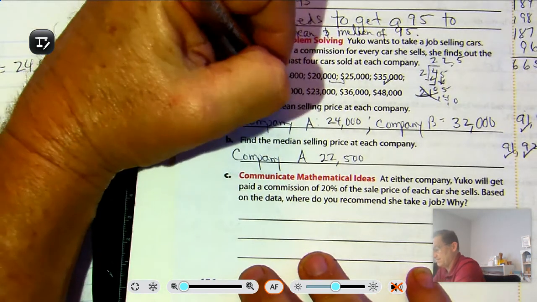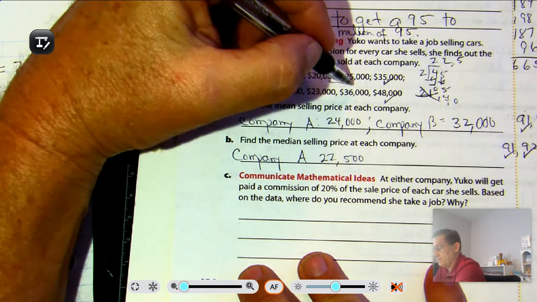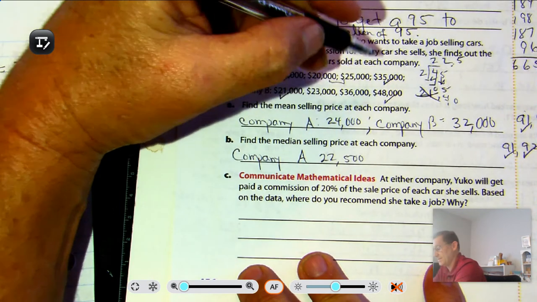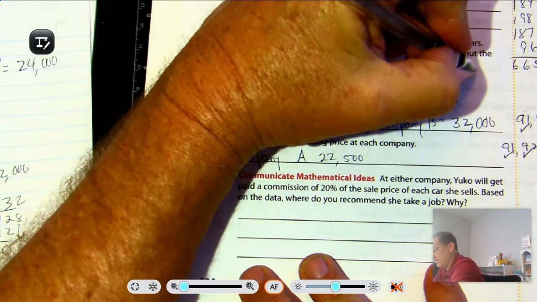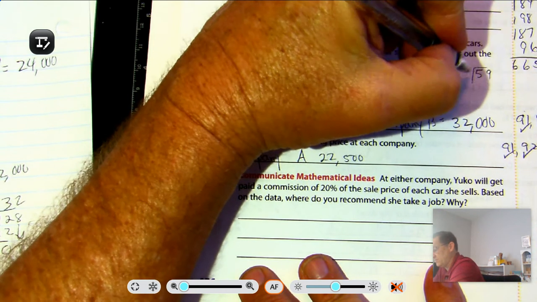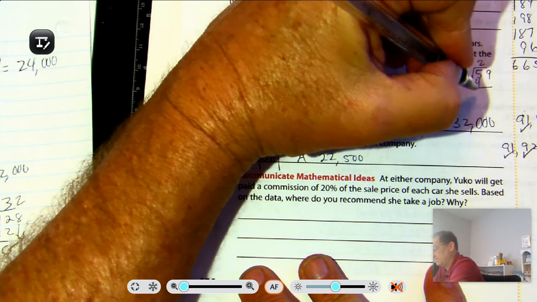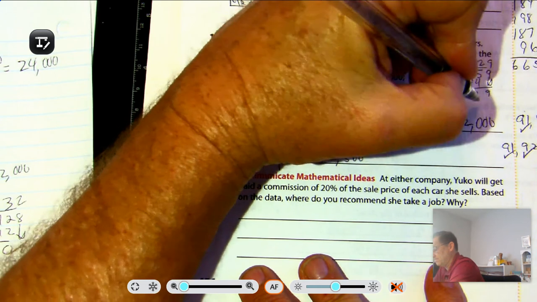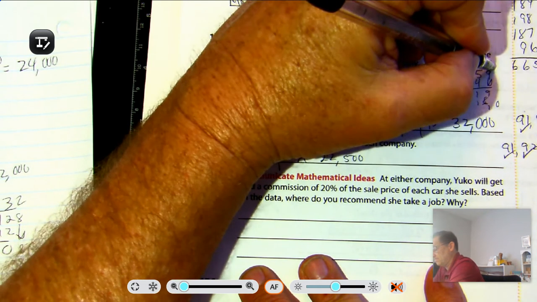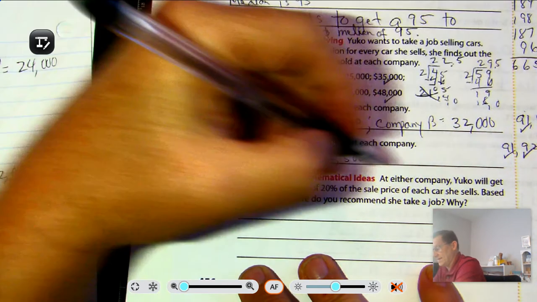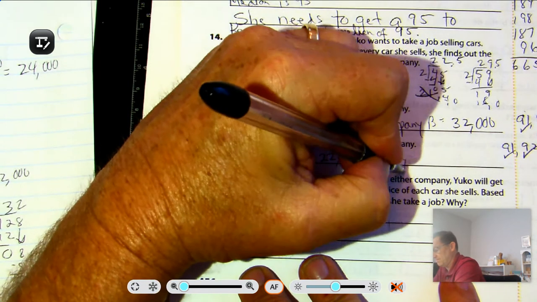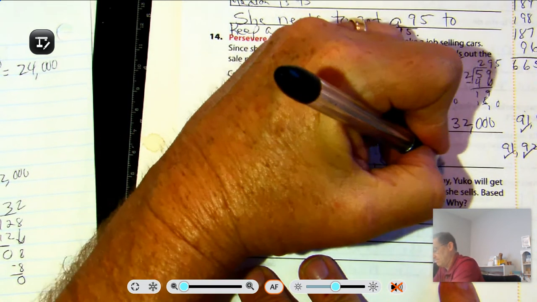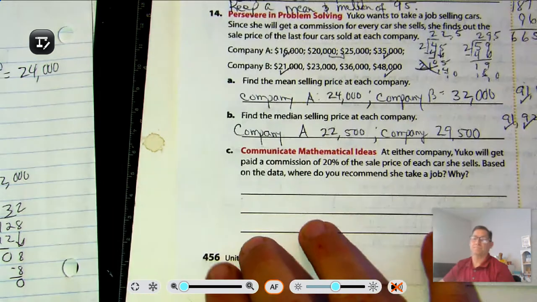In company B, we have 23,000 plus 36,000, 59,000 divided by 2. $29,500. And these are in dollars, right?